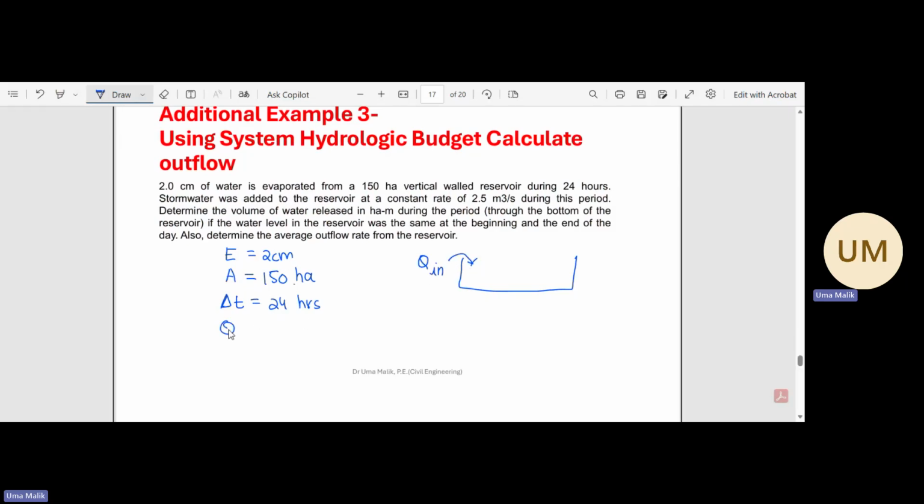Storm water was added, Q in, at a constant rate of 2.5 meter cube per second, and there is evaporation, E. Determine the volume of water released in hectare meter.